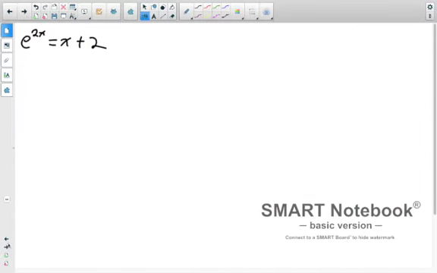We're going to look at one more, and this one's an exponential function. Now, we have e to the 2x equals x plus 2. And honestly, the easiest thing for us to do is to take the natural log of both sides of our equation. So this would be the natural log of e to the 2x equals the natural log of x plus 2.